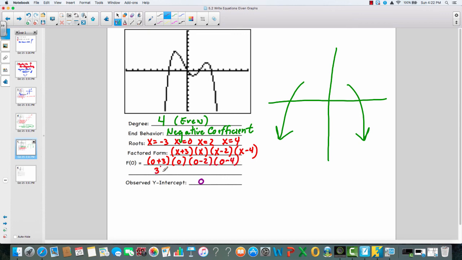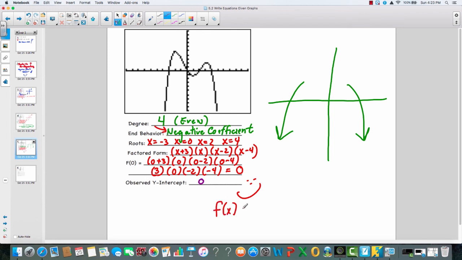Okay, so that's 3 times 0 times -2 times -4, which is 0. So we're happy. The observed y-intercept is our y-intercept. There's nothing to do. We do need to have a negative coefficient. That's huge. So let's write this out.